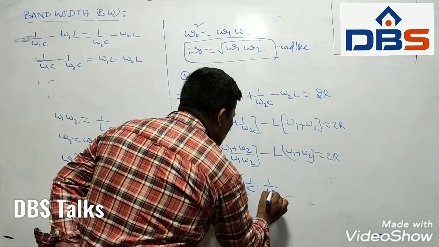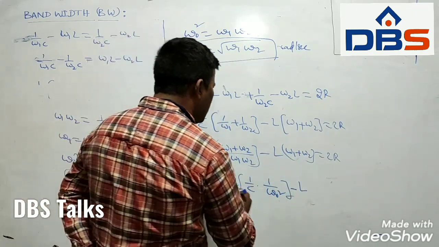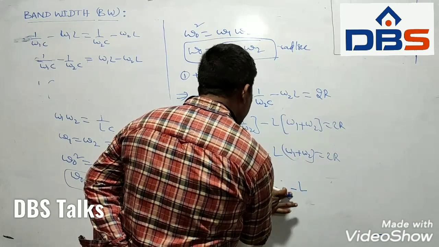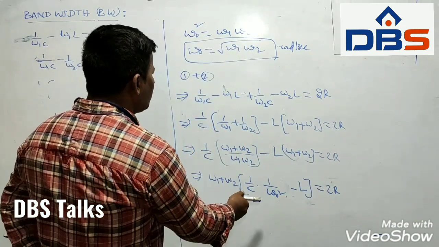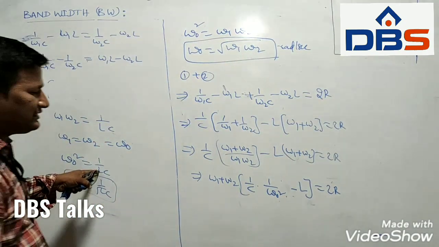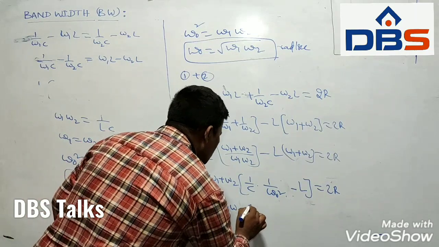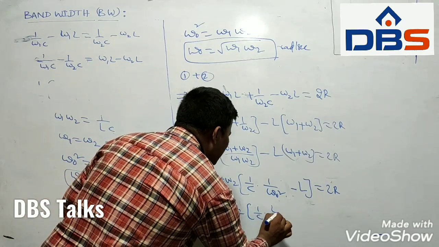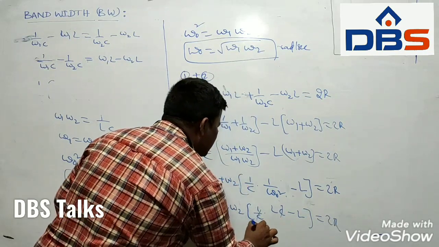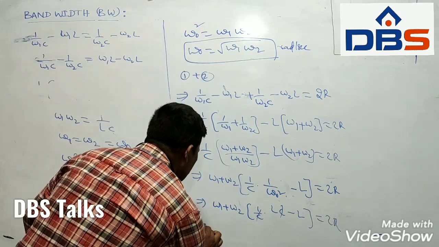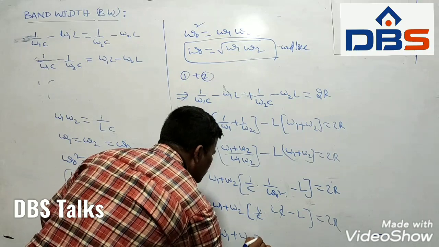So that is 1 by omega naught squared minus L, with omega 1 plus omega 2 already taken as common factor. Now this is equal to 2r. And we know that omega naught squared is nothing but 1 by LC. So omega 1 plus omega 2 times 1 by c into LC minus L equal to 2r. C cancels.